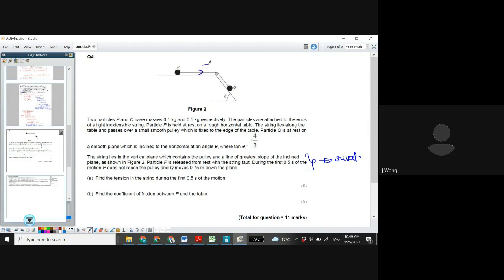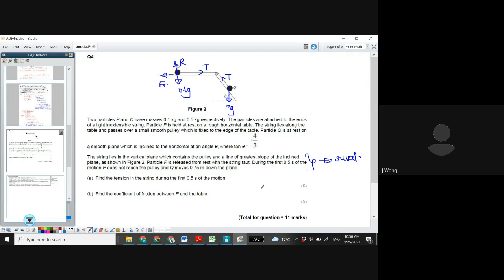We'll draw the force diagram here anyway. So we have tension, the weight 0.1 g, the reaction, and the friction right here. And then we have the tension and mg, and I believe nothing else for now.